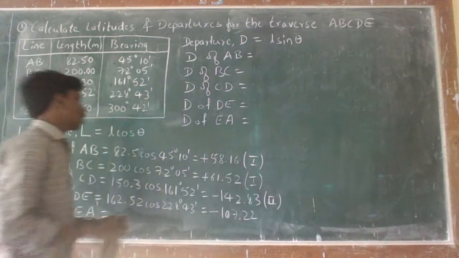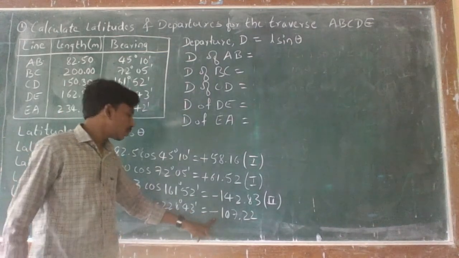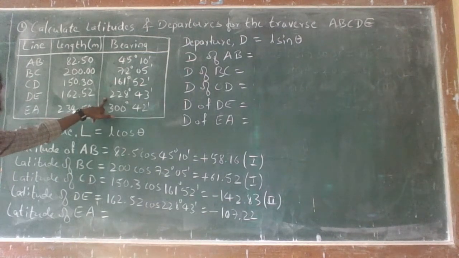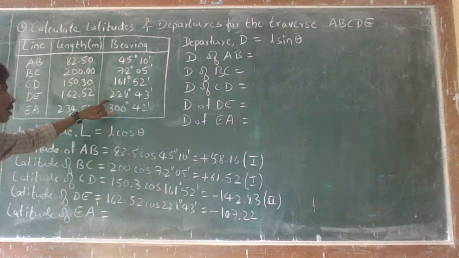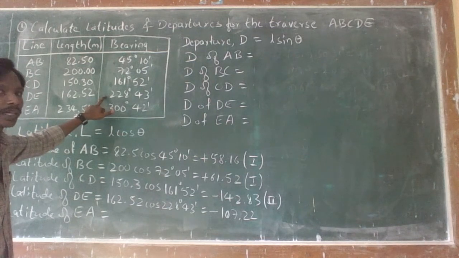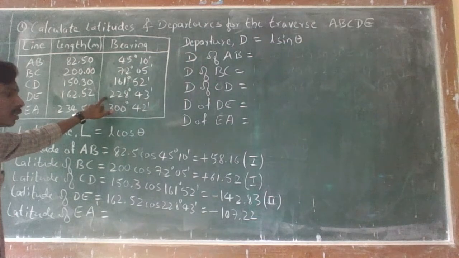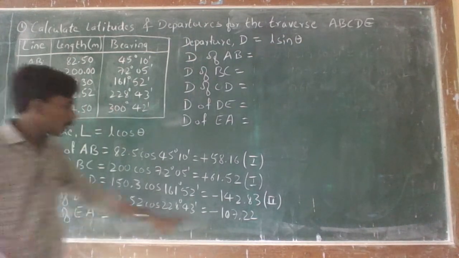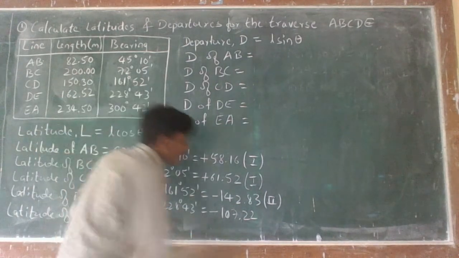Here you will get the minus sign in the calculator itself, but once check here 228 degrees. So here the bearing is in third quadrant, because 228 degrees is greater than 180 degrees but less than 270 degrees. So because of that the latitude lies in third quadrant and the latitude is towards southing. So we have to keep the sign minus. Now write third quadrant.